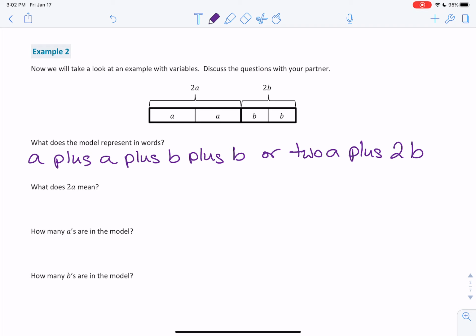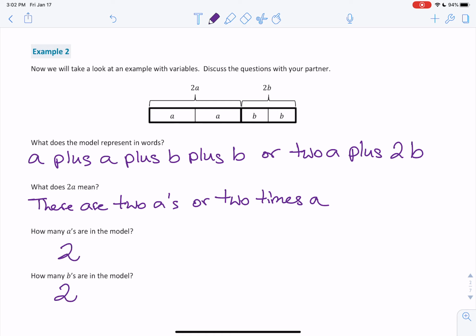What does 2A mean? 2A means there are 2 A's, or 2 times A. How many A's are in the model? There's 2. How many B's are in the model? There's 2.